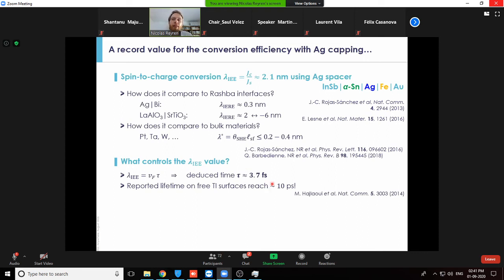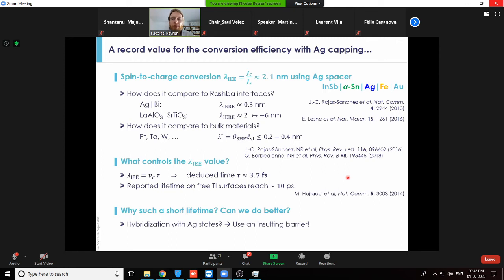That seems to be a bit short a lifetime for these surface states, especially if we look at optical experiments where it can reach 10 picoseconds. So, okay, maybe these optical experiments are not completely comparable with what we do with transport, but nevertheless, we could expect maybe a larger lifetime.